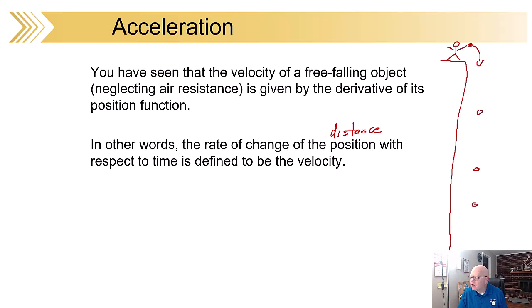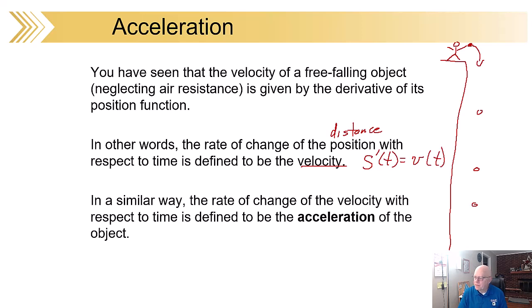The rate of change of the position with respect to time is called velocity. In other words, s prime of t equals velocity with respect to time. Similarly, if we take v prime, we end up with a function of acceleration of that object as it's falling.